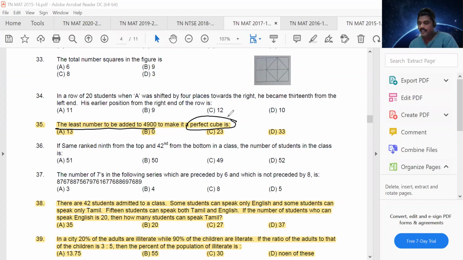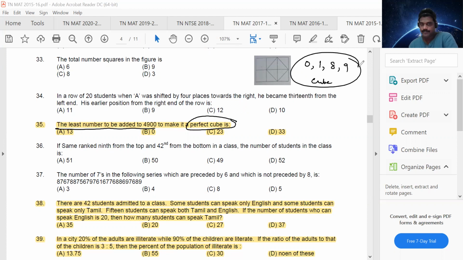If you add the digits of the number and the sum is 0, 1, 8 or 9, in most cases it is a perfect cube. Most cases. After this condition is satisfied, you have to again check with your regular method of checking a perfect cube.